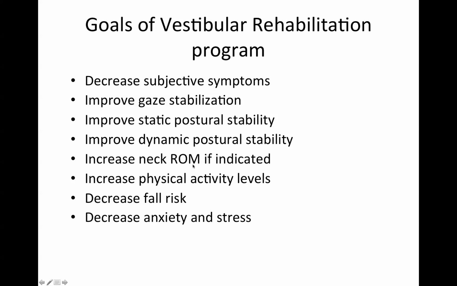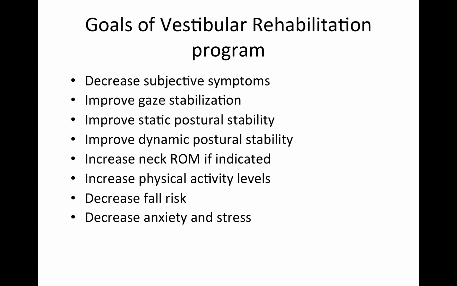A lot of these people will have limited cervical range of motion, and it's not because of a cervical injury, unless of course it's concussion, but it's typical because they know that if they move their head, they're dizzy. So they stop moving their head, and so they wind up getting stiffness. So sometimes we need to increase range of motion.